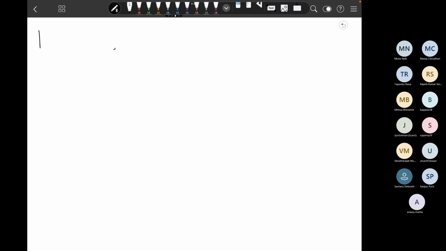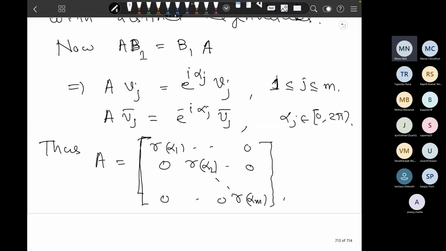Suppose I let B12 be the matrix. I have to show alpha 1 is equal to alpha 2. Since alpha j belongs to 0 to 2 pi, it suffices to show that R alpha 1 is equal to R alpha 2. You can think of these elements as entries, but the entries are 2 cross 2 blocks.